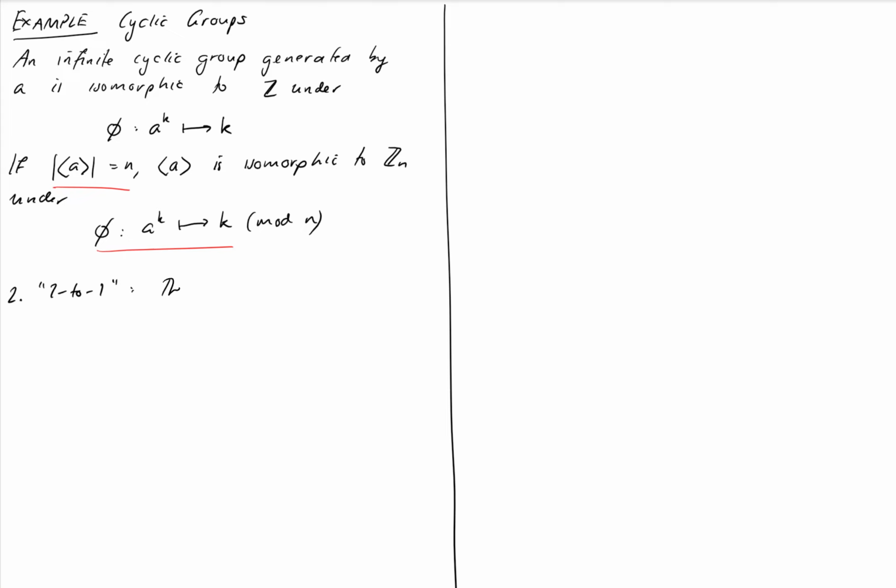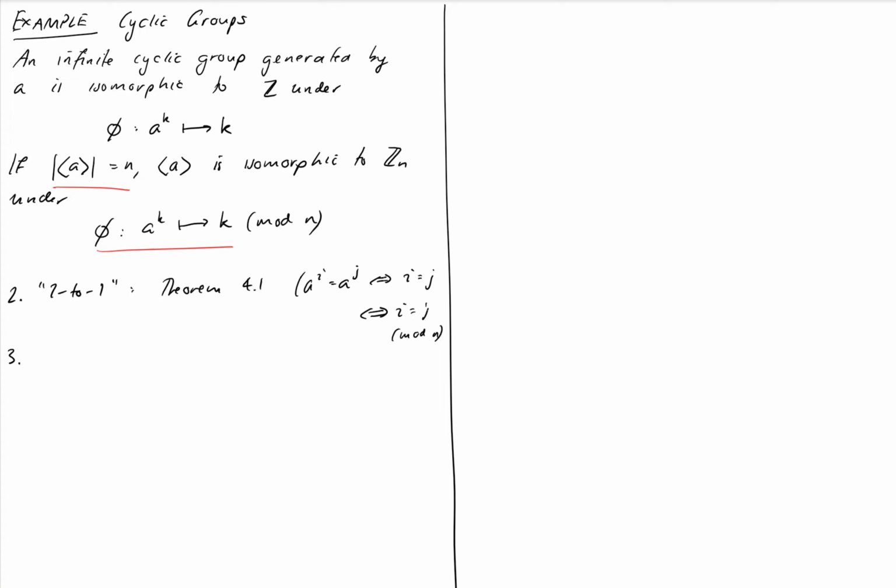This is theorem 4.1, which says that a to the i equals a to the j, so that's our phi of a equals phi of b, if and only if i equals j. That's the infinite case, and in the finite case we had i equals j mod n. Okay, so I've already done this one as a theorem, so we don't need to reprove that now.